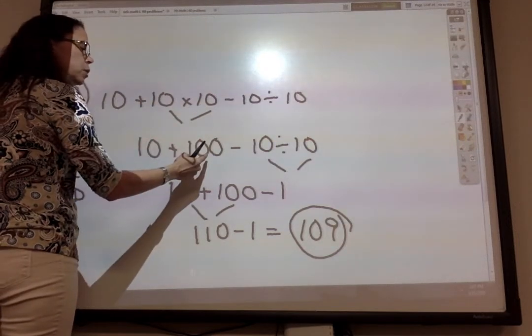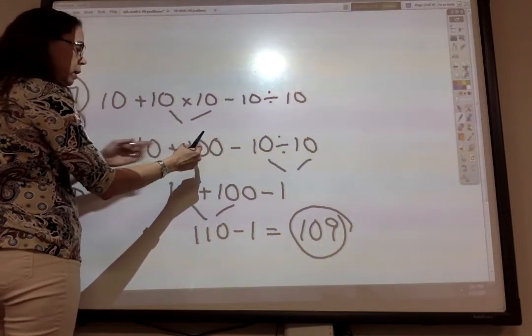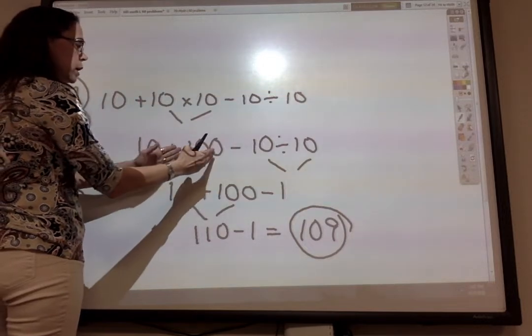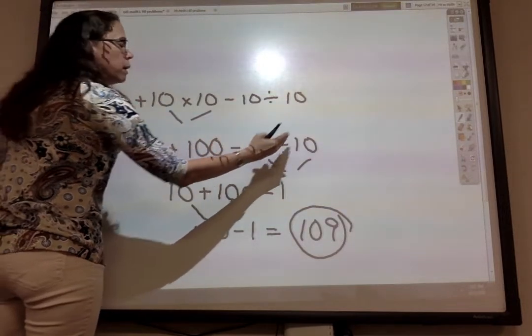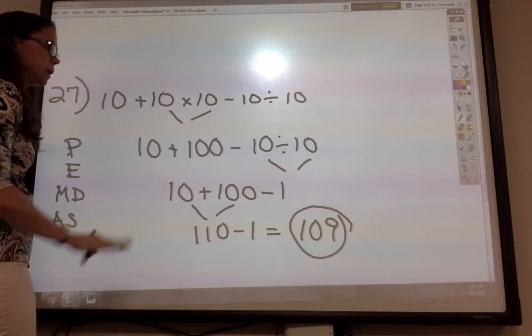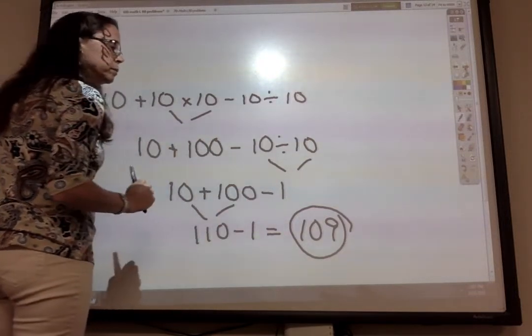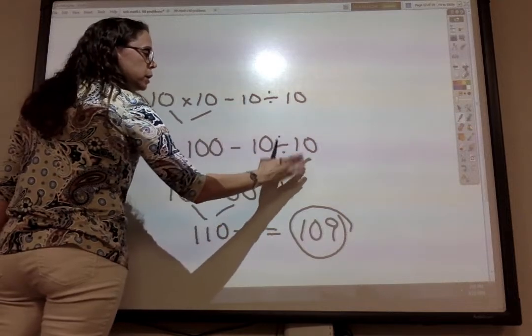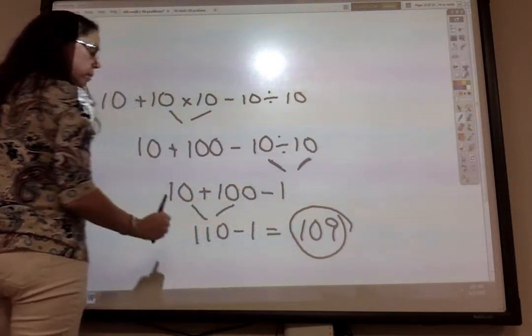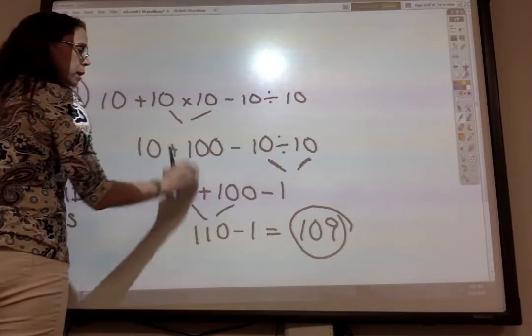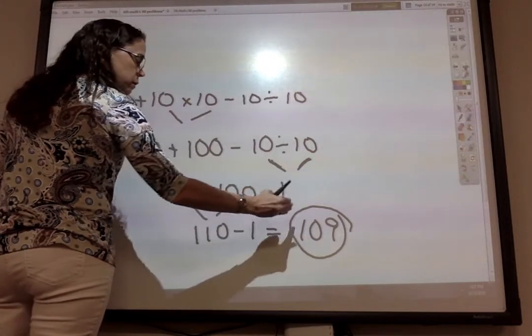10 times 10 is 100. I'm going to rewrite everything now. 10 plus 100 minus 10 divided by 10. Okay? So now I need to move from left to right. I hit a division. So I'm going to take care of this division. 10 divided by 10 is 1. I'm going to rewrite 10 plus 100 minus 1.